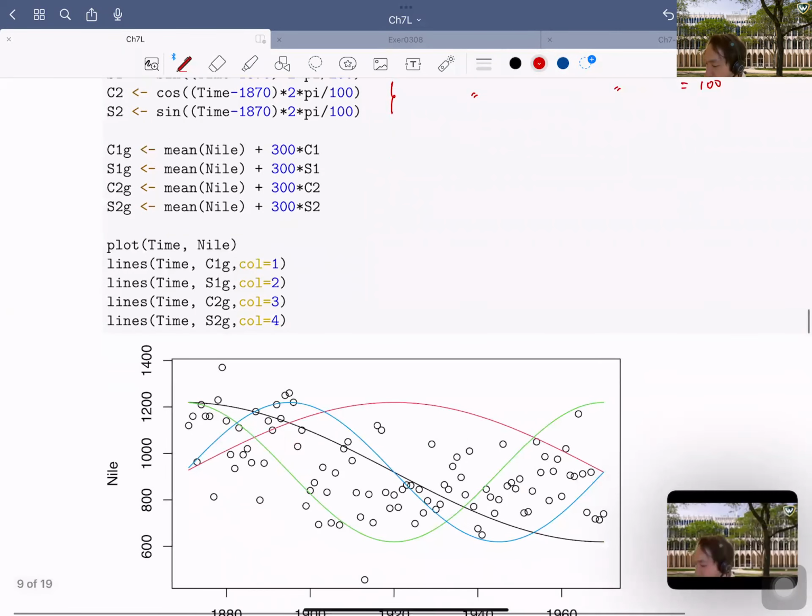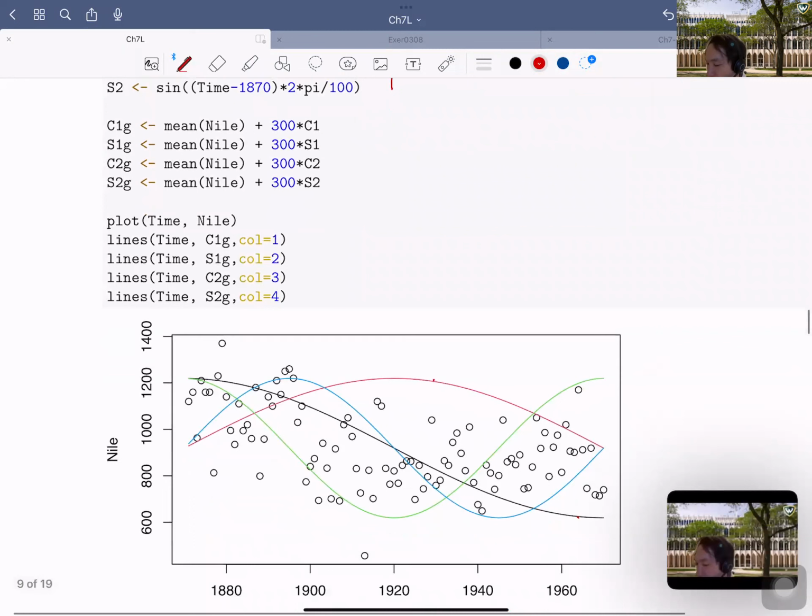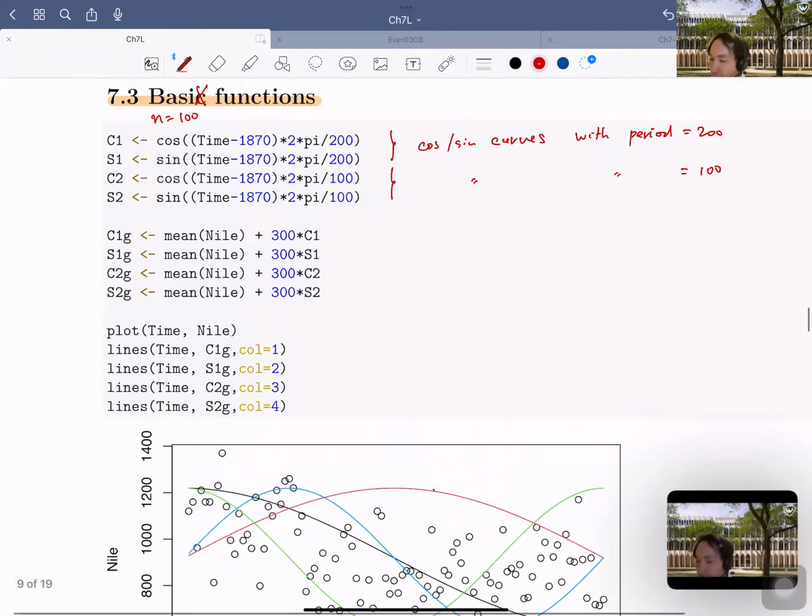So the black and the red curves have a period of 200. You can see that over 100 years we only have just a half period. And the blue one and the green one are both trigonometric functions with period equal to 100.